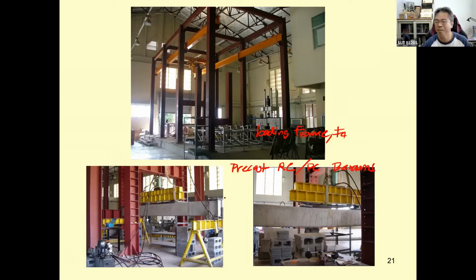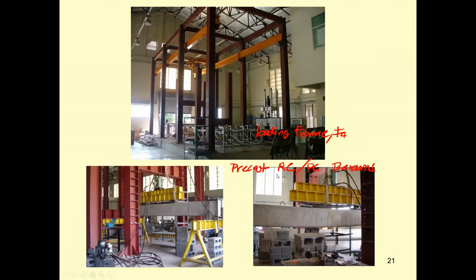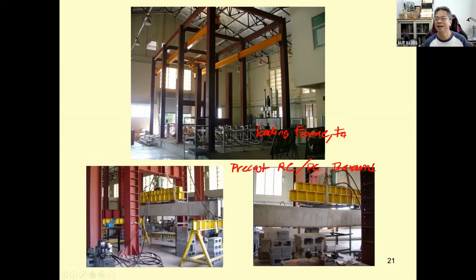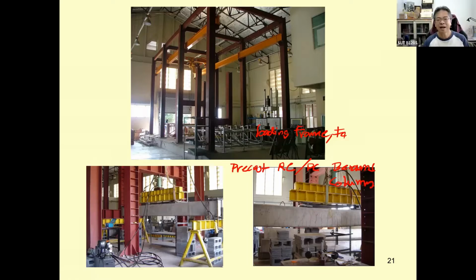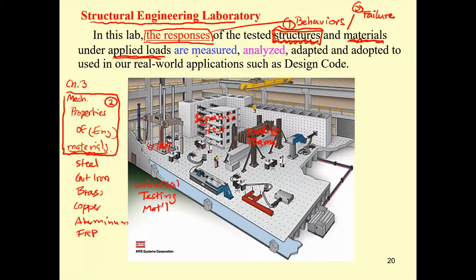There are a number of master's degree students who graduated with this kind of thing, and we also can test the column. There are a few students who graduated when we test the precast reinforced concrete column, and in this one we do the measurement.